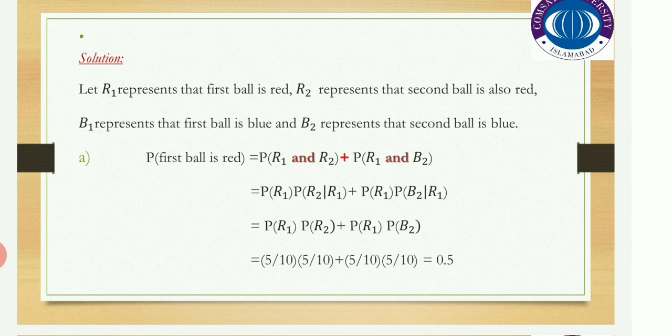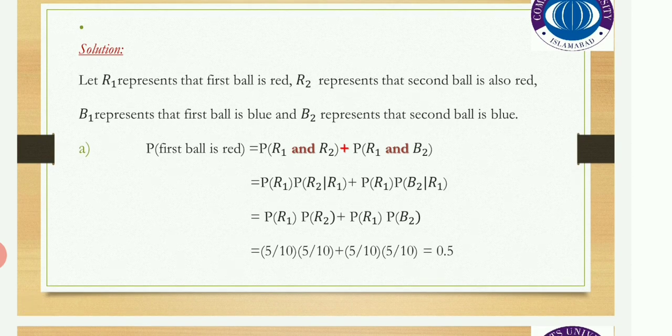Then the probability that the first ball is red will be equal to the probability that the first ball is red and the second ball is also red, or the first ball is red and the second ball is blue.